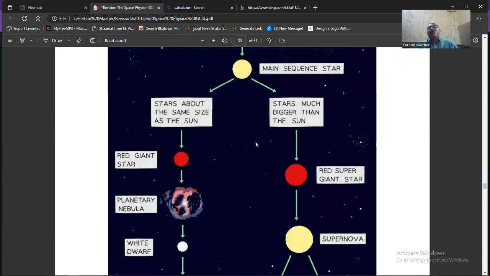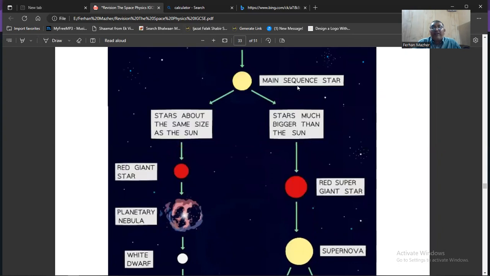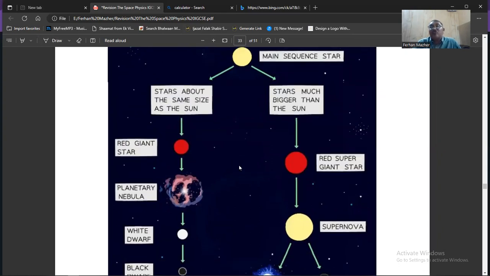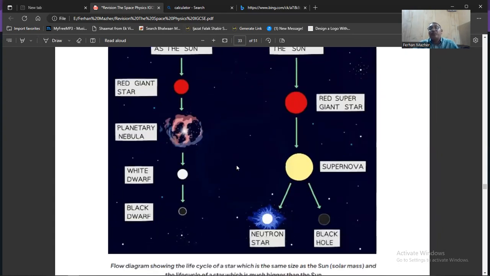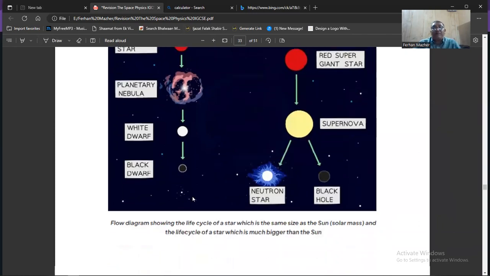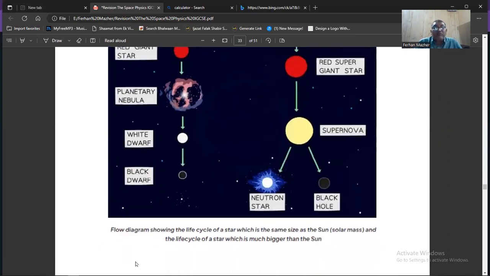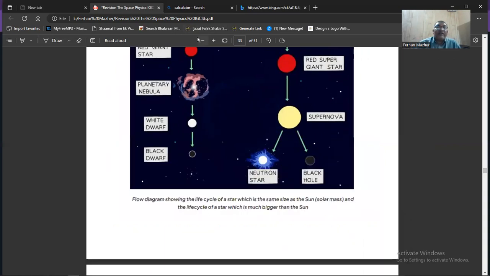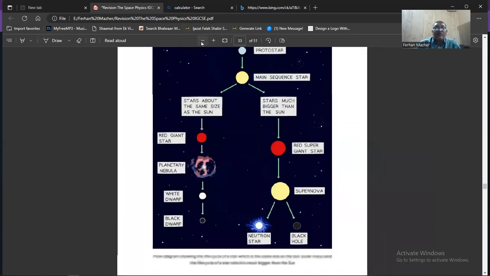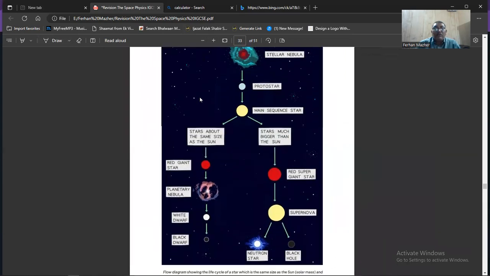Stars much bigger than the sun, from the main sequence star, convert into a red supergiant star, then a supernova, and then a neutron star or a black hole. The flow diagram shows the life cycle of a star which is the same size as the sun, one solar mass, and the life cycle of a star which is much bigger than the sun. So we can reduce the size so you can see this whole. So this is the whole.